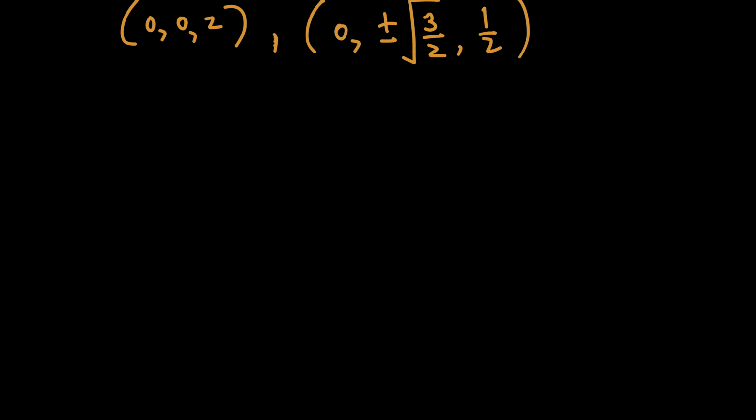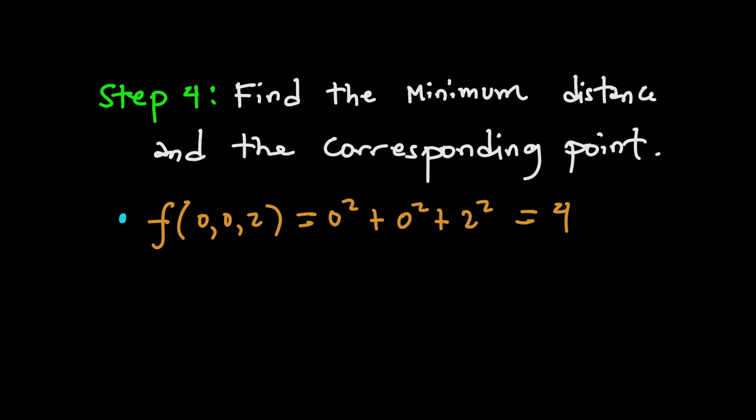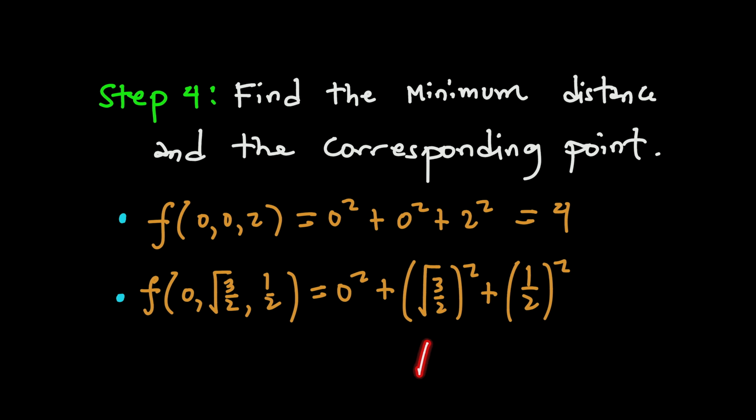And for our final step, we find the point which corresponds to the minimum distance. For the first critical point, the value of f is equal to 4. So this one is x squared plus y squared plus z squared. And then for the next critical point, we have this one. Its square gives us 3 over 2. This one gives us 1/4.